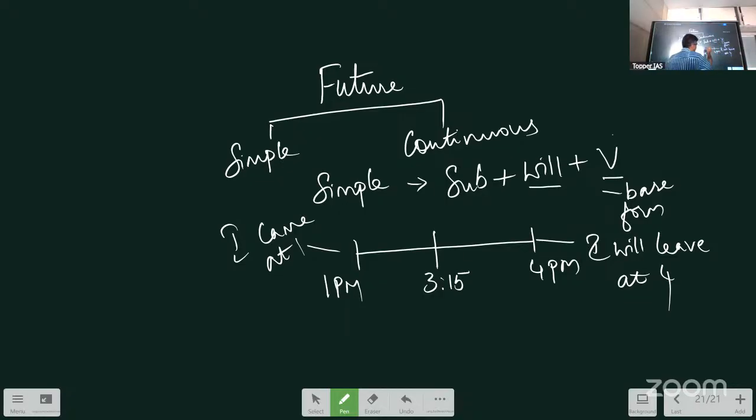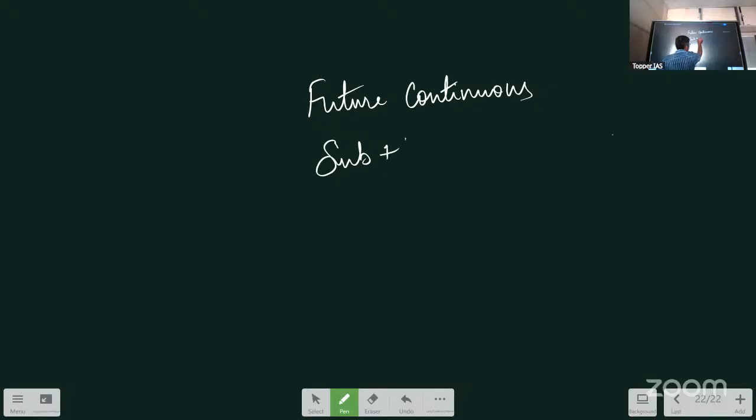And what is the structure? Subject plus will plus base verb. Is that clear? All of you? 100%? Okay. Next, future continuous. Now the structure is subject plus helping verb plus VING.